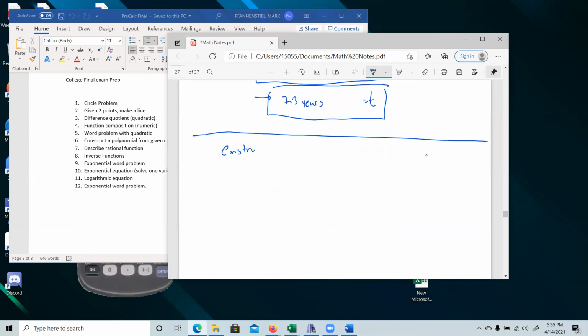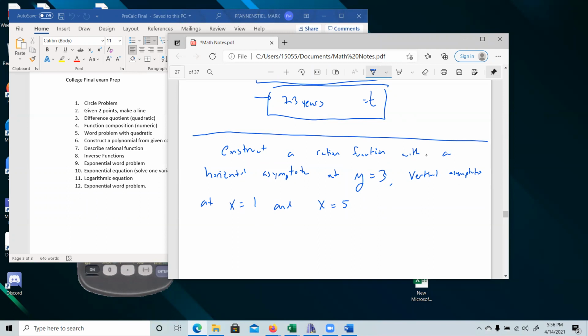Describe a rational function. There, we might do that one. Construct a rational function with a horizontal asymptote at y is equal to 3, vertical asymptotes at x equals 1 and x equals 5.